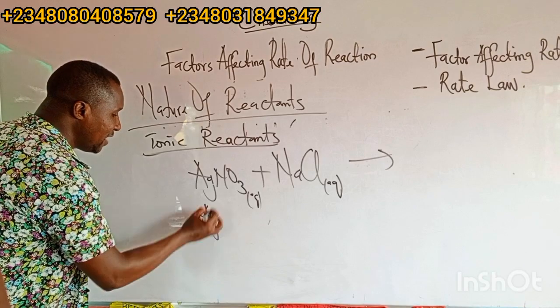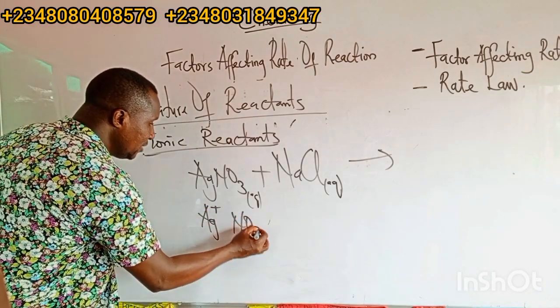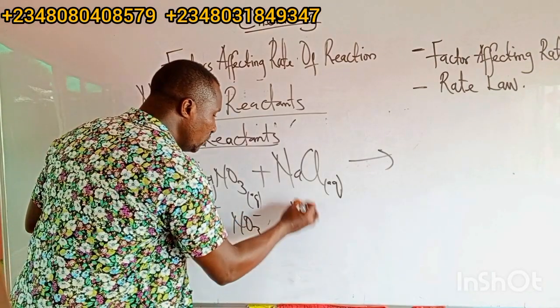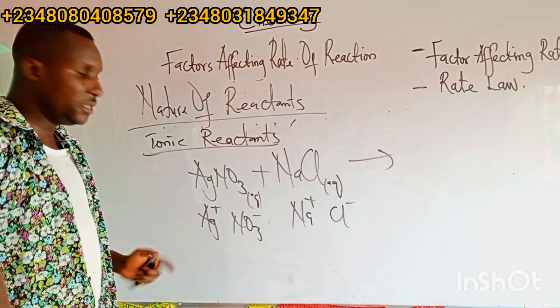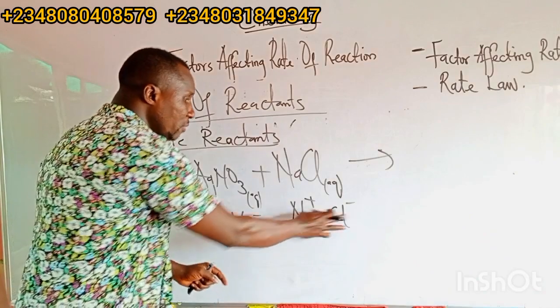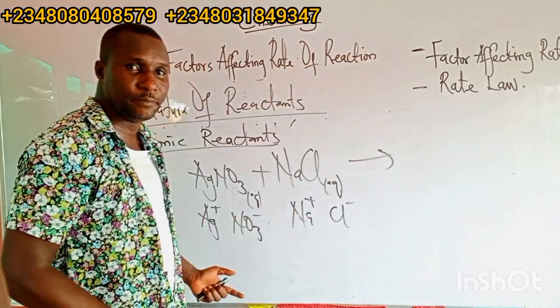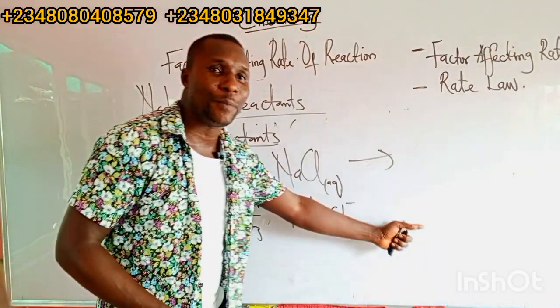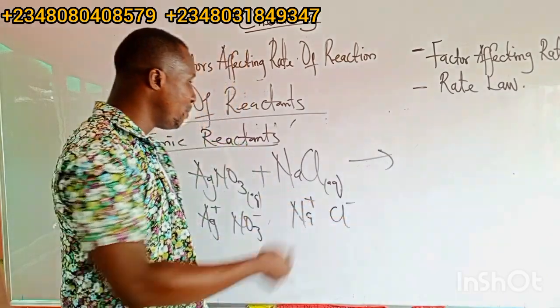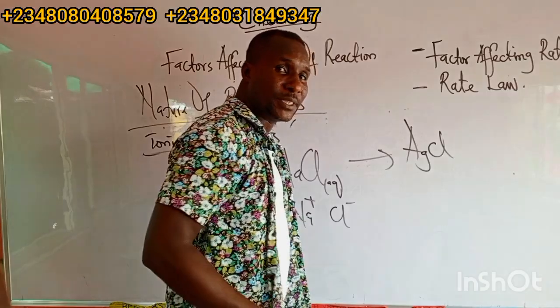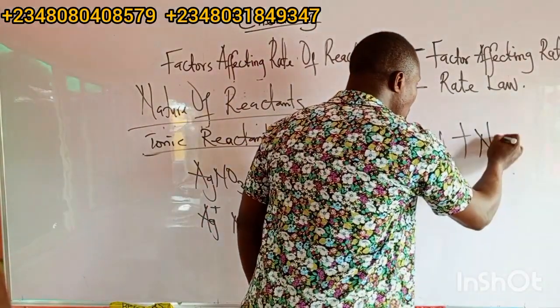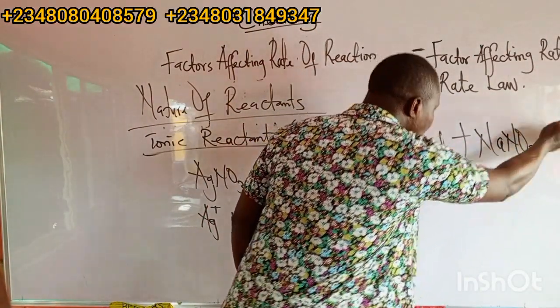You have silver ion, nitrate ion, sodium ion, and chloride ion. The electrostatic force between these will break easily, so that a new compound will be formed. The new compound formed is silver chloride, which will be precipitated, plus sodium nitrate.